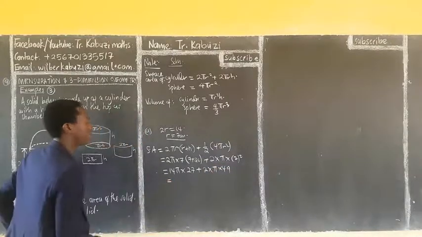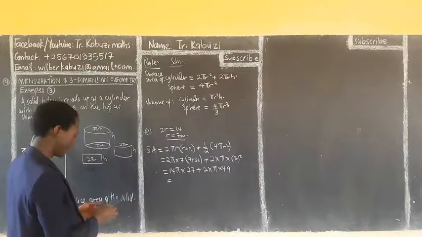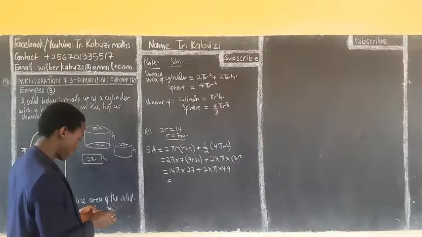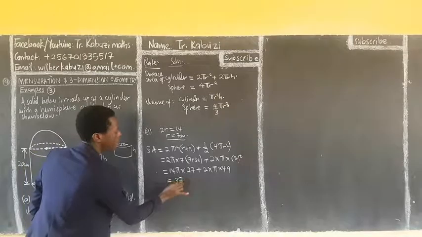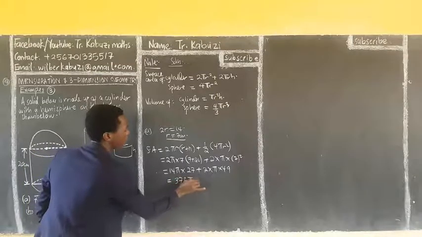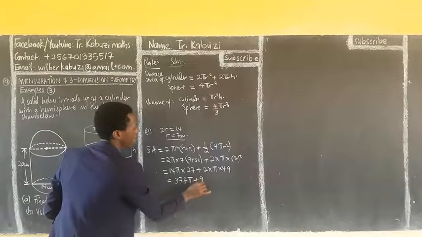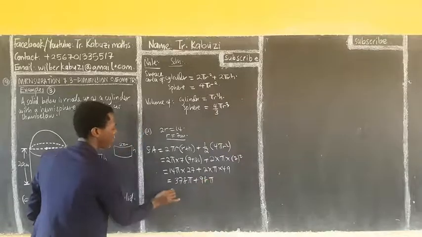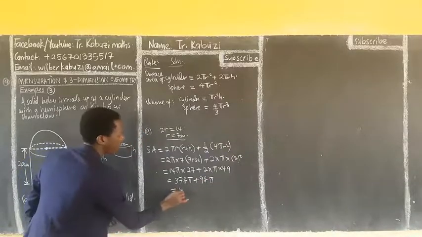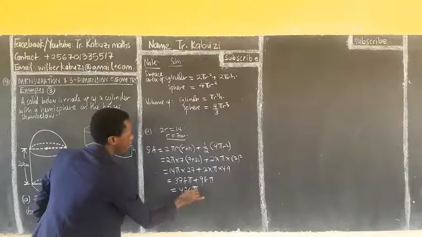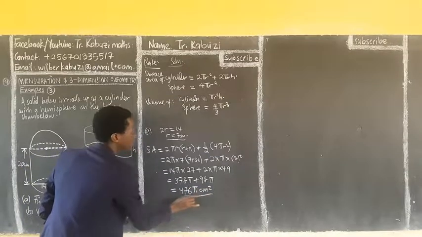And then simplify this. You get 378 pi, then plus 98 pi. When you add those two, you get 476 pi, and these are centimeters squared.